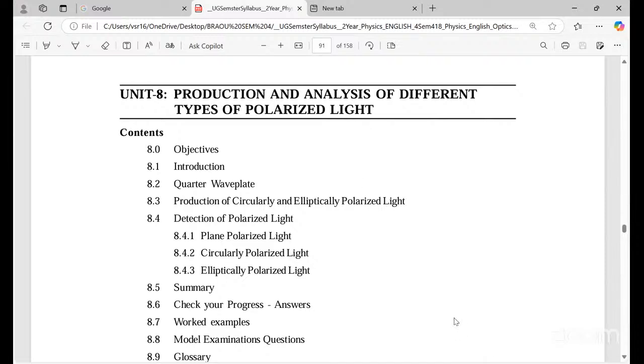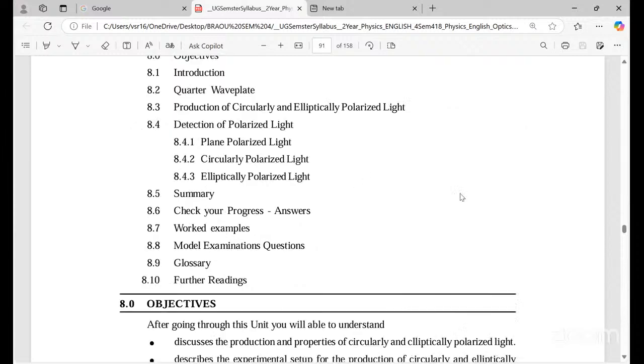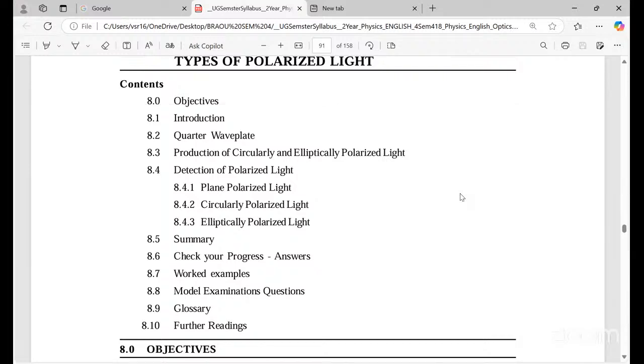Next is the production and analysis of different types of polarized light. In this, the quarter wave plate along with the half wave plate, production of circularly and elliptically polarized light, and the direction of polarized light. There is plane polarized, circularly, and elliptically polarized light. Linearly polarized light is plane polarized light, then circularly polarized light, elliptical. That's it.